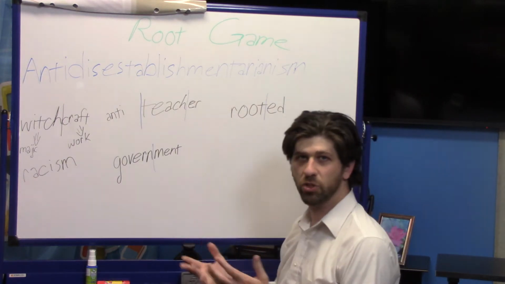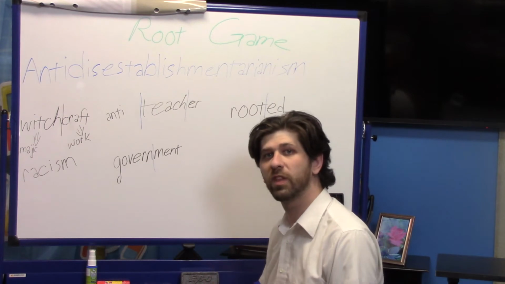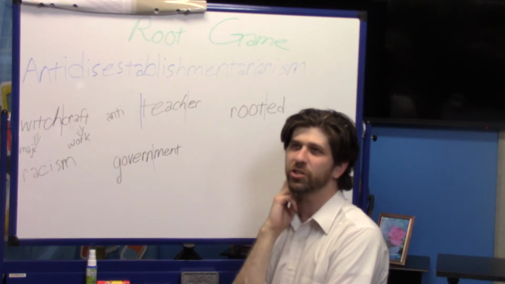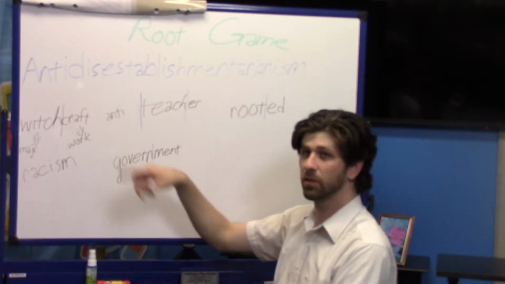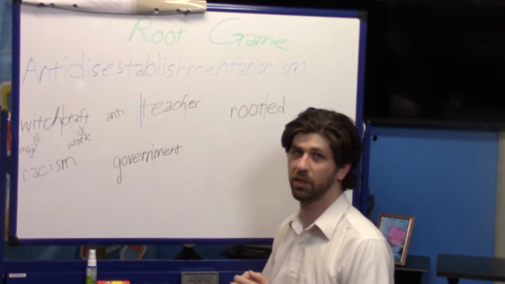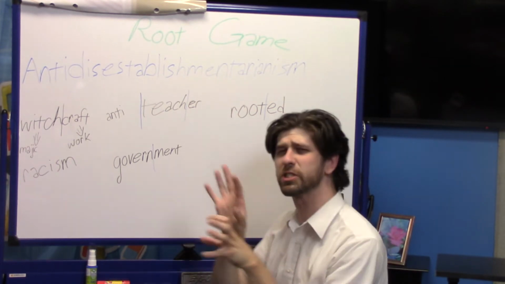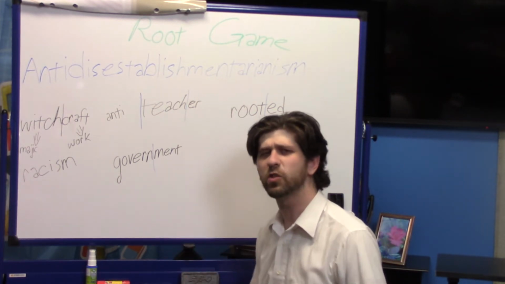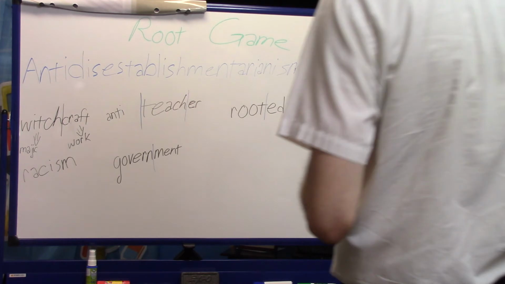So if you have a teacher, you can go to them and you can say, well, how does it affect you? Or maybe you even think about it and go, maybe the teacher themselves won't be affected so badly. So the surrounding context is lying to me. Simply by breaking it apart and looking at the smaller portions of it, it gives you a better understanding of all the surrounding material. All right? That's how you play the root game.